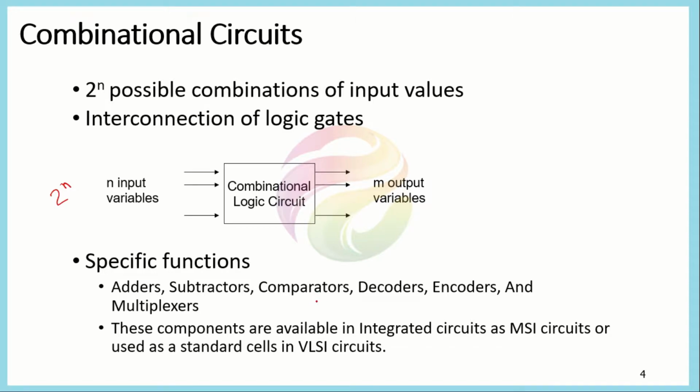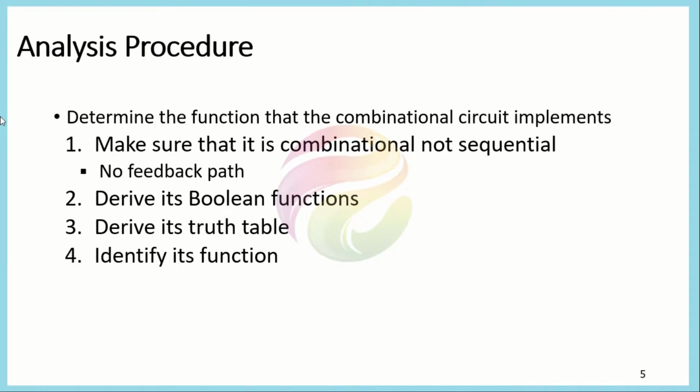We will also be discussing a few more details regarding these things. Most of these combinational logic circuits are also available in IC packaging form, which means you have a separate adder or subtractor in the form of separate ICs, just like you have specific ICs for the exclusive OR gate, the AND gate or the OR gate.